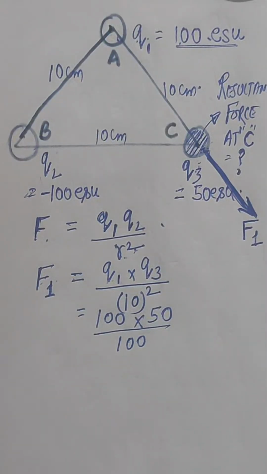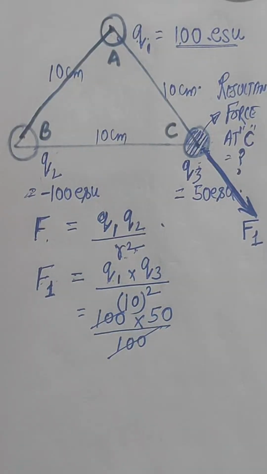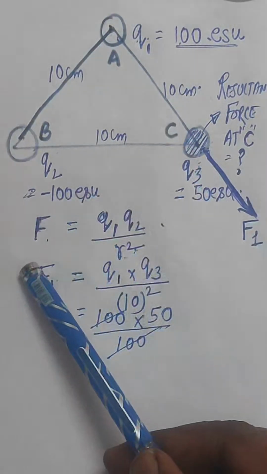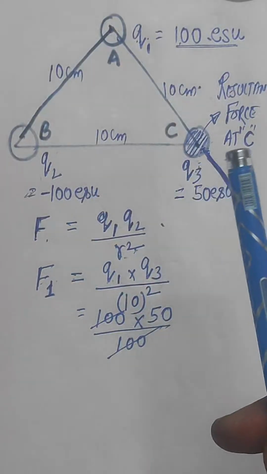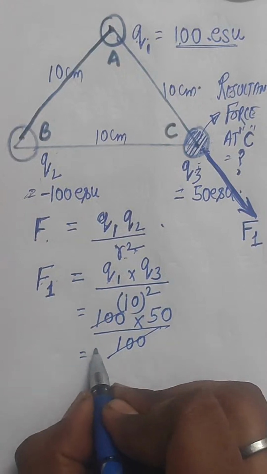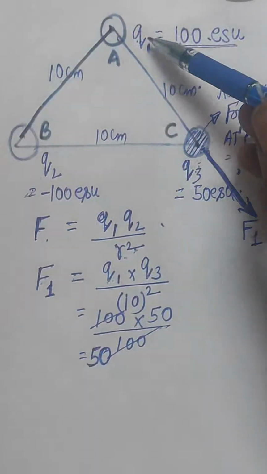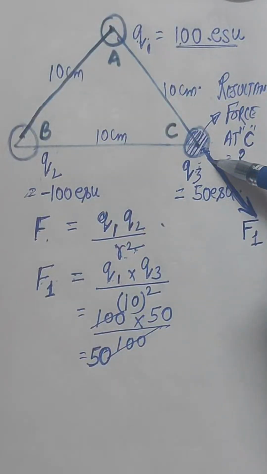So you can see this 100 and this 100 cancel out, and we get the value of F1, that is 50. But since both Q1 and Q3 are positive in sign, the force which will be acting will be repulsive in nature.